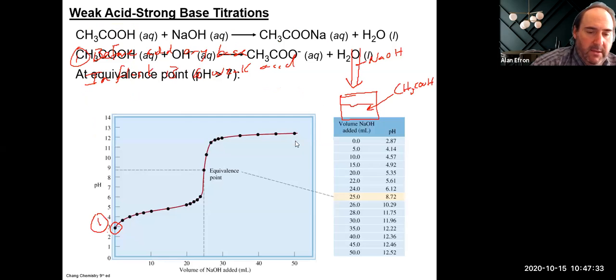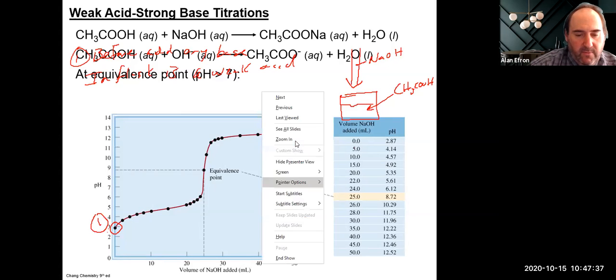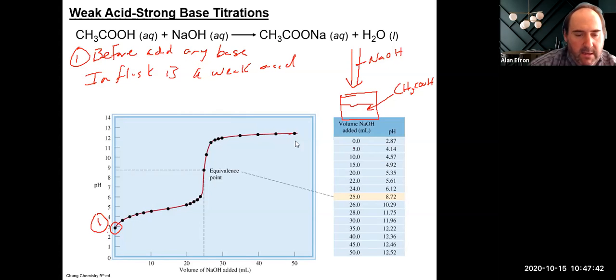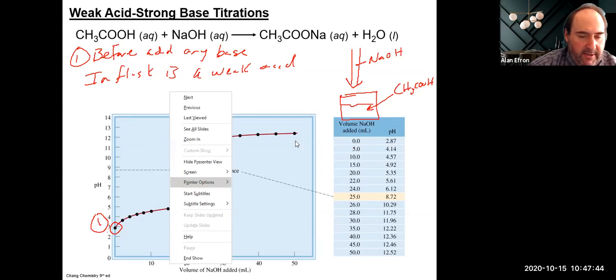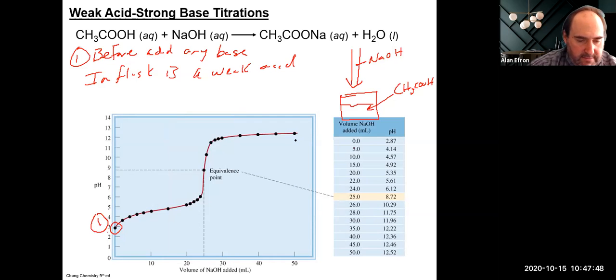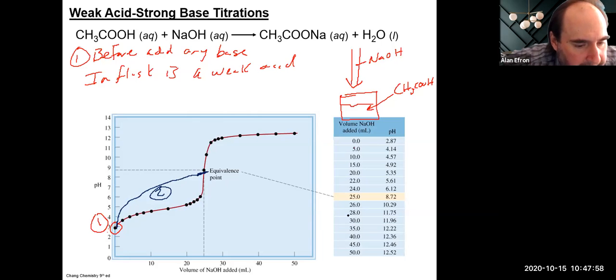Okay. So once we start rolling into our titration, and as soon as we start adding our first drop, all the way up to our equivalence point in this region, we are going to get a reaction that's going to occur.